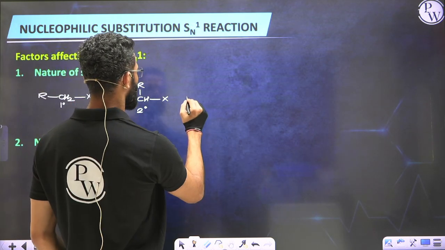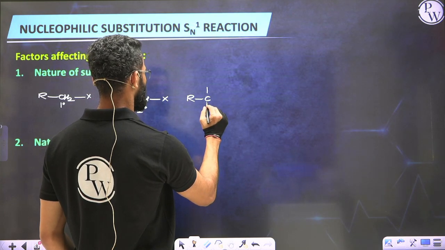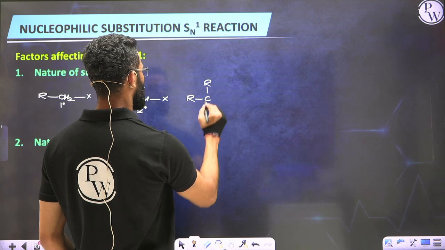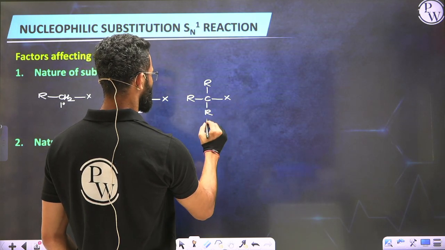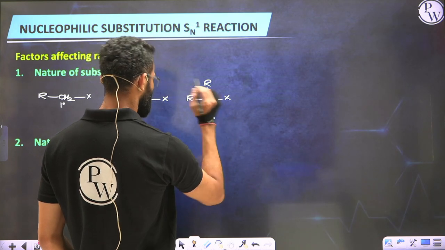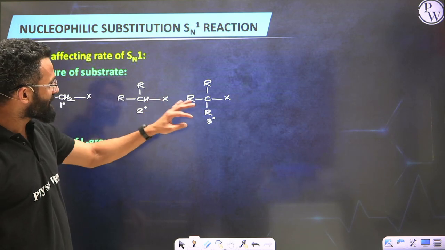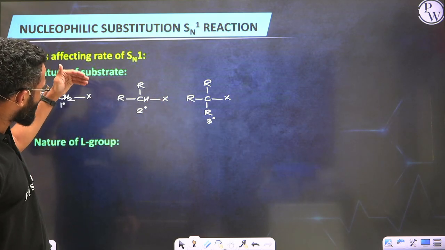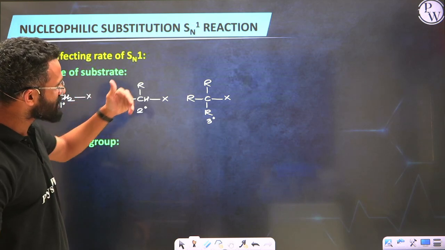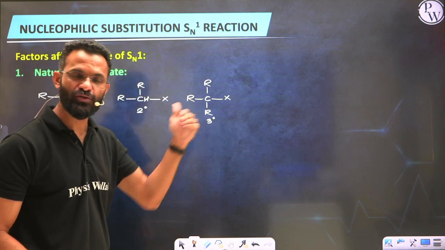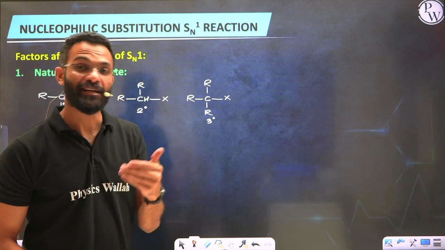And now a carbon carrying 3 alkyl groups is carrying the halogen. So this is a tertiary alkyl halide. Now, if I've got 3 different types of alkyl halide acting as a substrate, and I have to decide who's going to react towards SN1 at a faster rate and who at a slower rate, I will always think about the rate determining step.